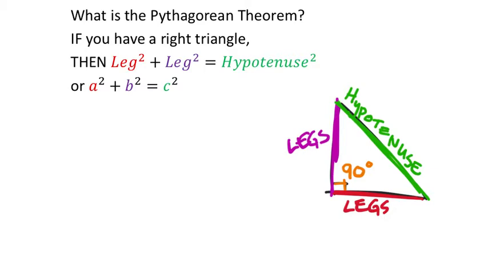Okay? So, you're going to take these lengths, you'd square them, the red and purple ones, and if you squared the hypotenuse length, then adding those 2 together would equal the same as the hypotenuse squared. In this formula right here, a is a leg, b is a leg, and c is the hypotenuse.